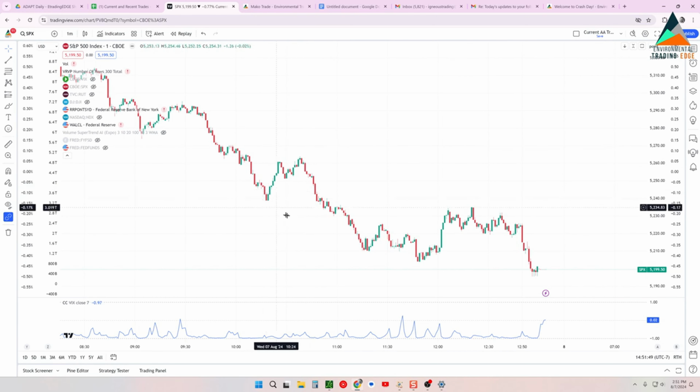If we're trying to execute this, I want to be placing my butterfly, if I've got negative delta on it, while we've got green bars. Simple as that.